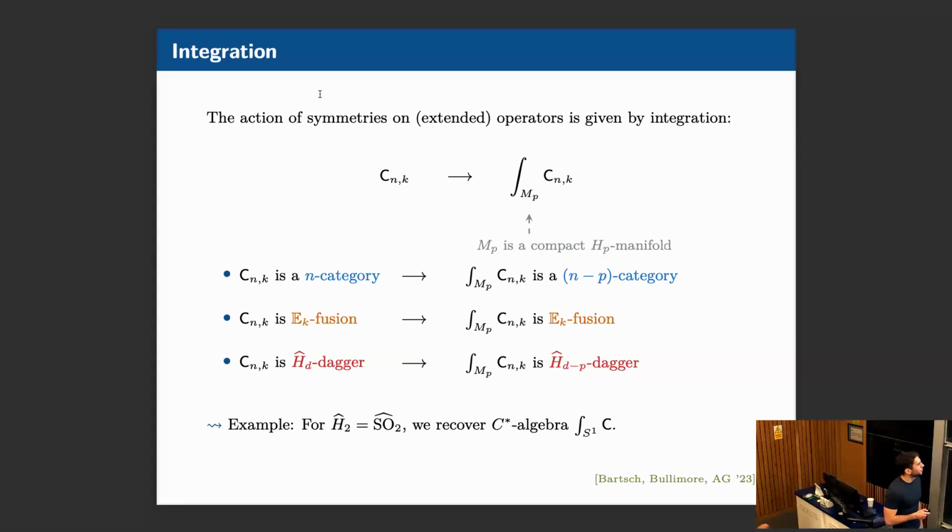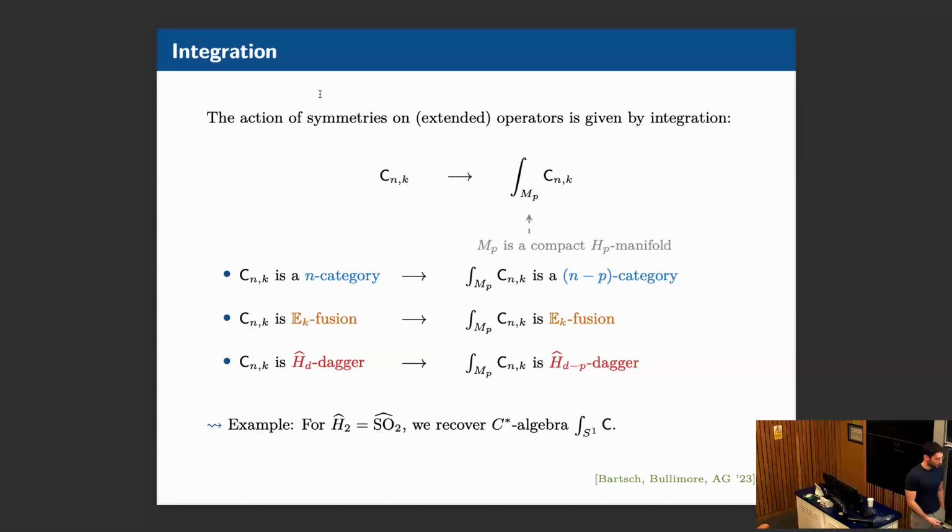And the idea is that you're going to have some sort of higher analog of this in higher dimensions. And this is going to have the correct property to capture the actions on possibly extended operators in a unitary way. Okay, so in particular, if you take now H_2B_2 to be equal to S^2, we're going to recover the case we sketched earlier, which is that we're going to have a tube algebra, which we know to be a C* algebra, and that captures the actions on local operators in a unitary way.